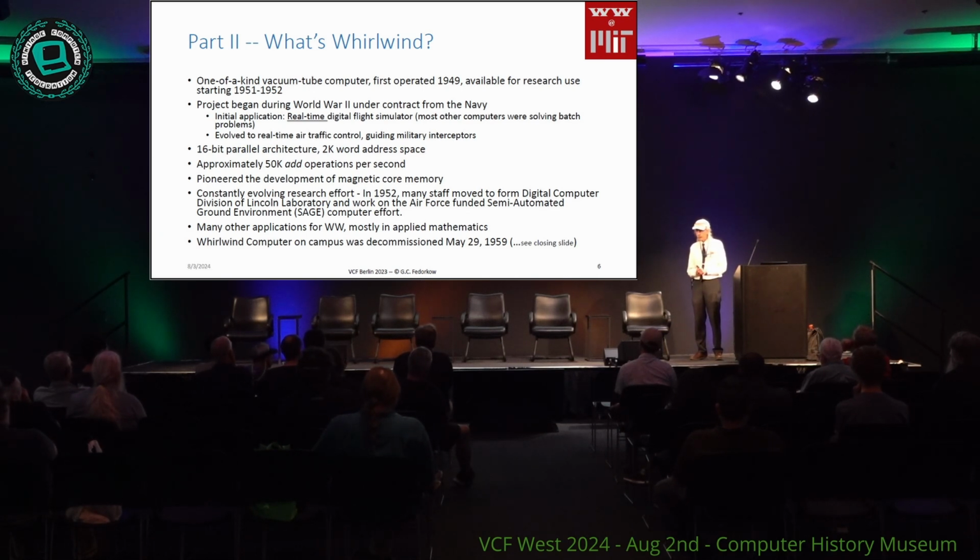So this would have been, for a time, the fastest computer on the planet. Although it's not part of this story, Whirlwind is credited with the development of magnetic core memory as well. That's why most people know the machine now, is because of the introduction of core memory.